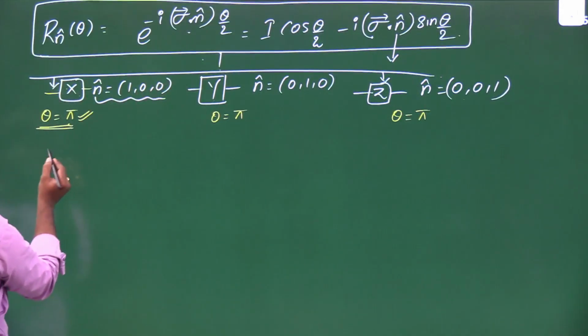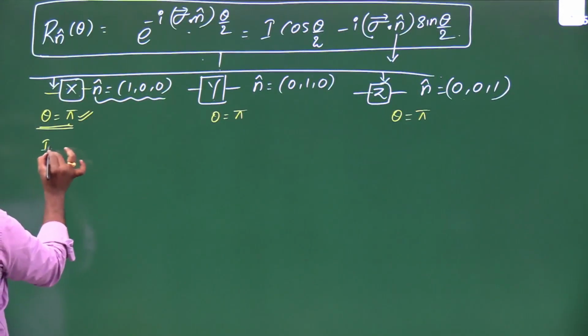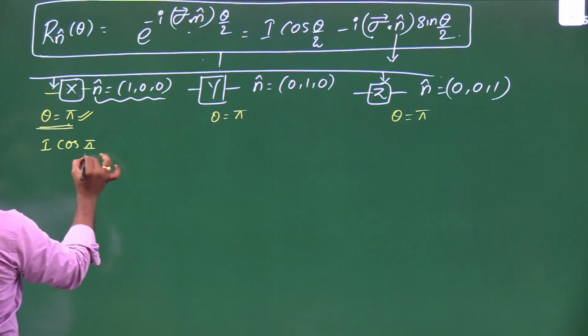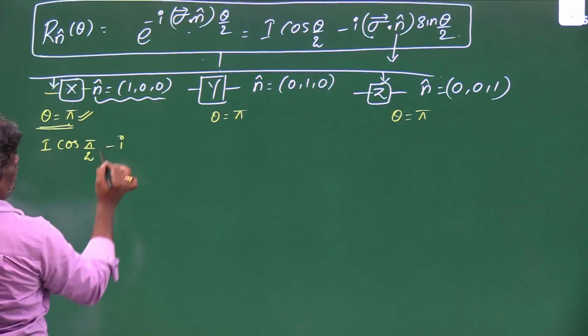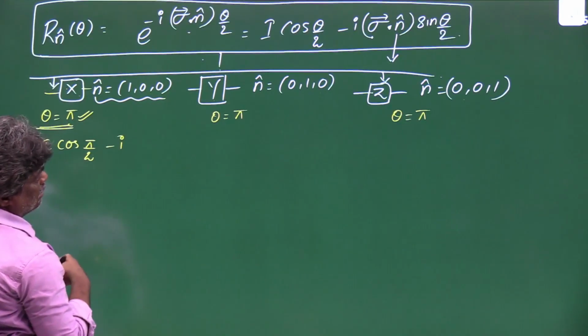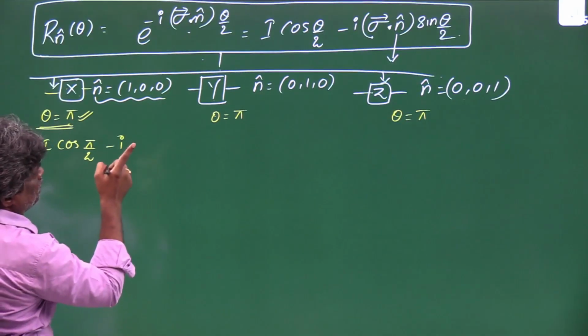Let us see whether it comes out. So capital I cos pi by 2 minus iota, what is that?